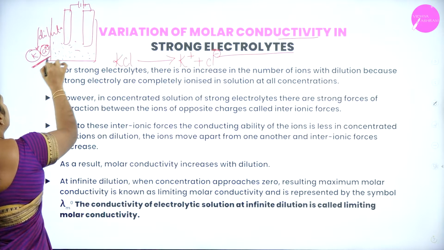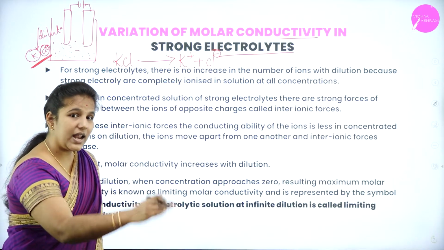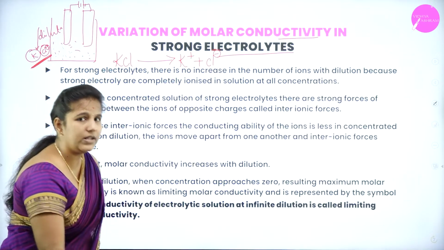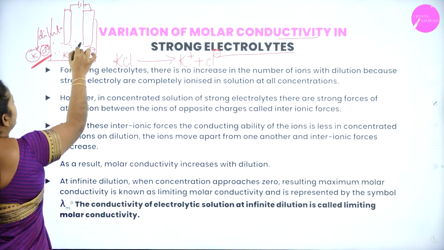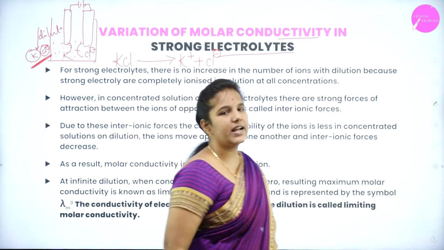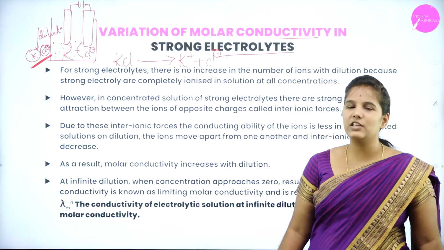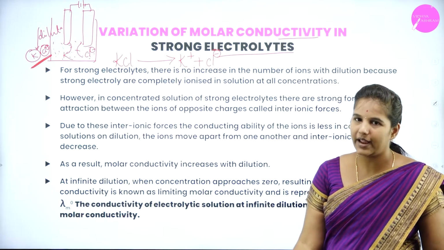The interaction between these two ions will decrease. Once the interaction between the ions decreases, obviously these ions will move towards the respective electrodes and be responsible for increasing the conductivity. So this is what I want to say about the molar conductivity of a strong electrolyte.